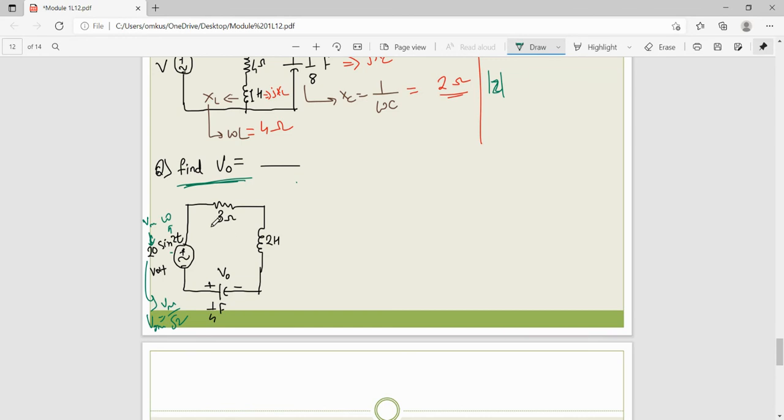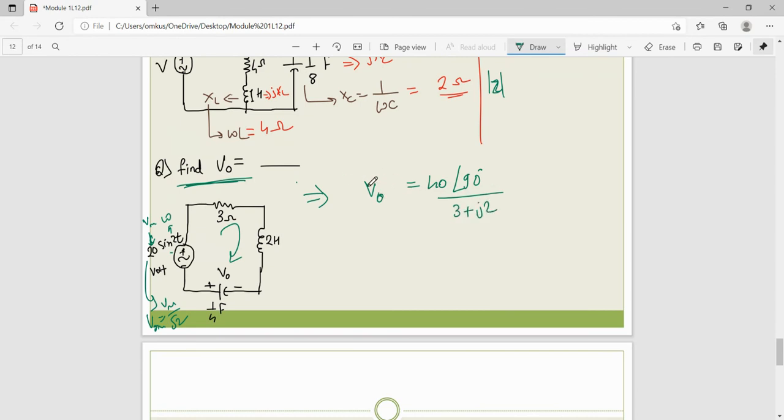I will directly write here. When you use the maximum value, directly 20 ohm. So in that case, V naught is equal to 40 at an angle of 90 divided by 3 plus j2.